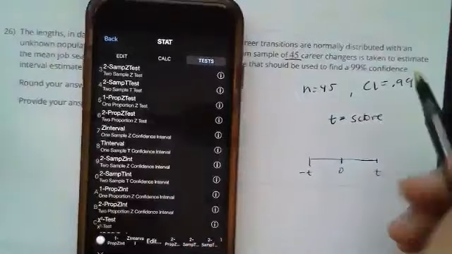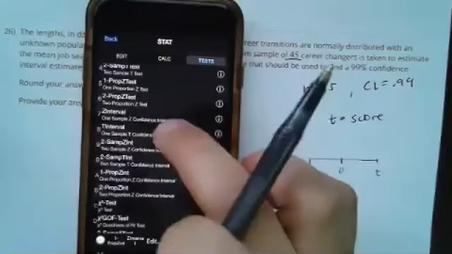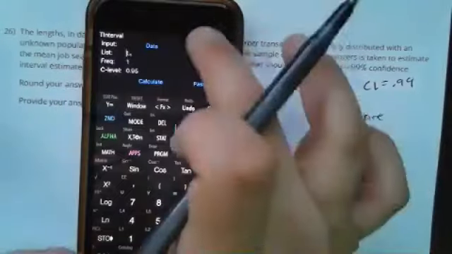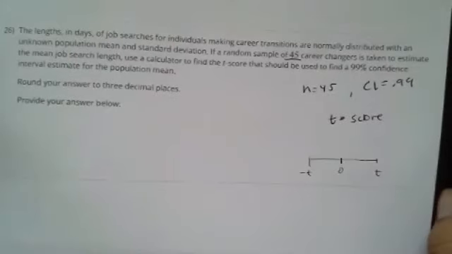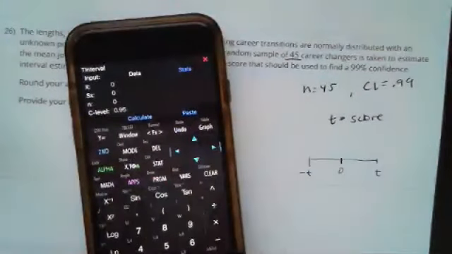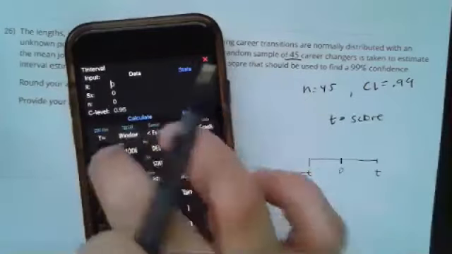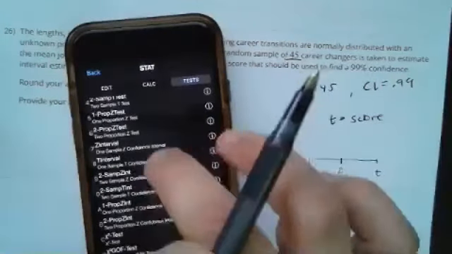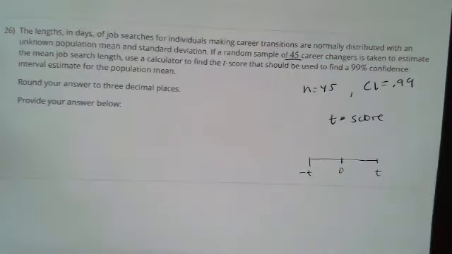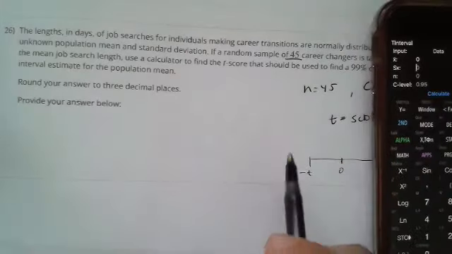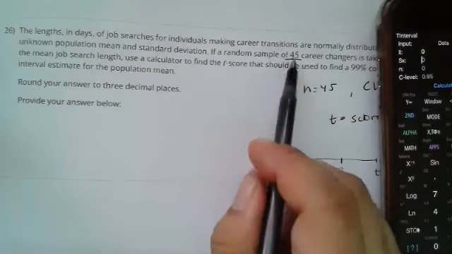So we have here the T interval in our stats tests. Let's assume that x is 0, so T interval, 0, and then our standard deviation. It's not given either, but the standard deviation is given by the square root of 45.